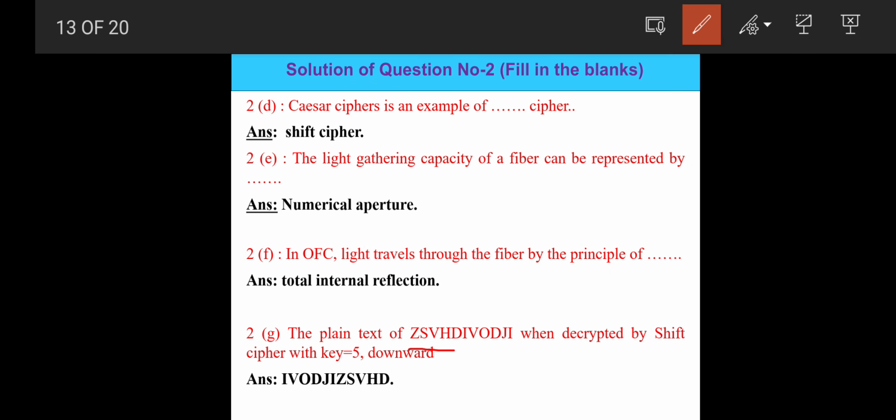So here it will be 5. So Z S B H D. So start will be from I B O D G I, and the next letters will be shifted. So that is Z S B H D B. So the correct answer is this one. Okay.